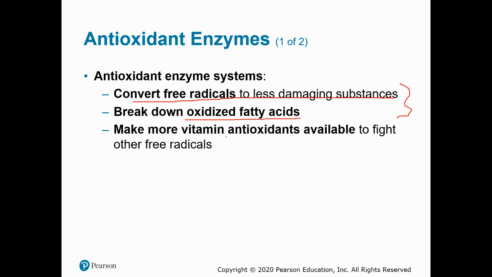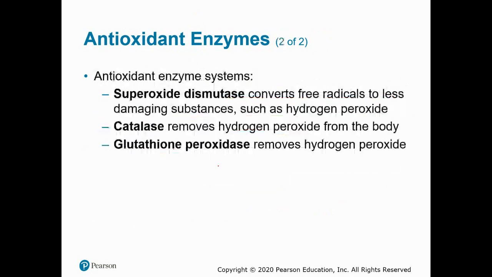And then antioxidant enzyme systems can also help to rejuvenate or recycle, I guess would be the word, vitamins that work as antioxidants so that we can reuse them and keep reusing them to support further free radical stabilization.